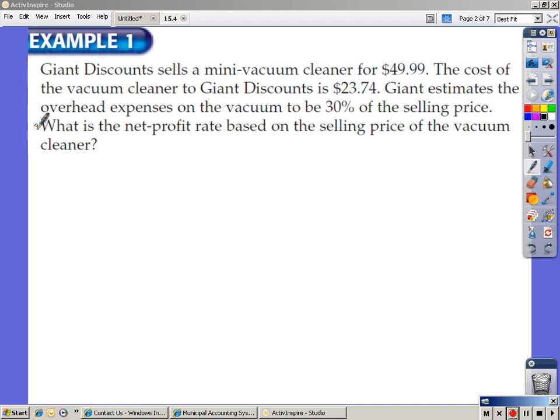Okay, so the first thing we need to do is find the net profit. And if you remember from yesterday, net profit equals markup minus overhead.